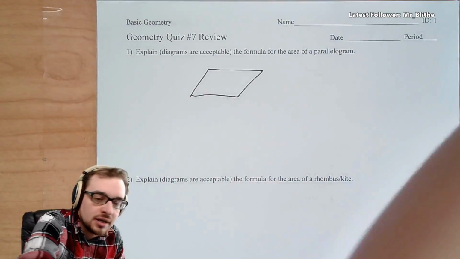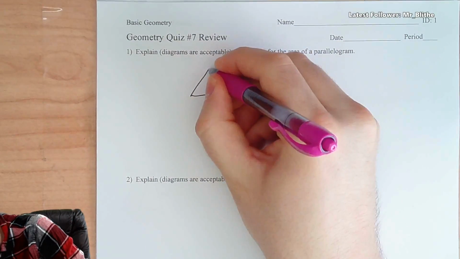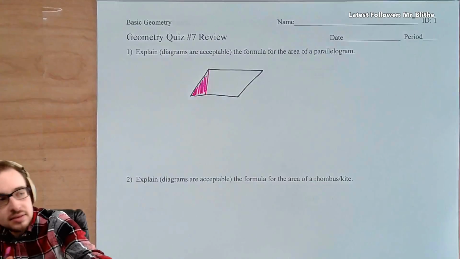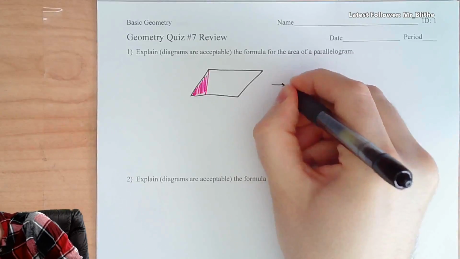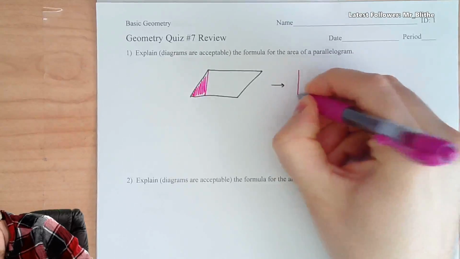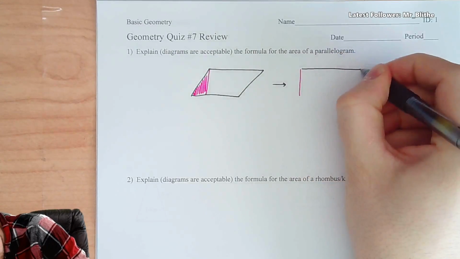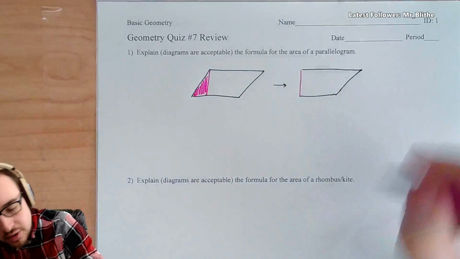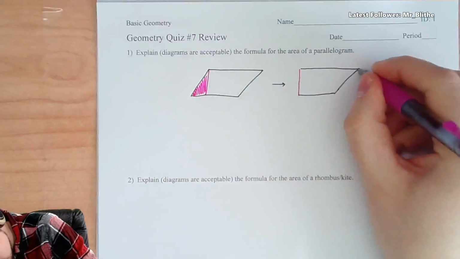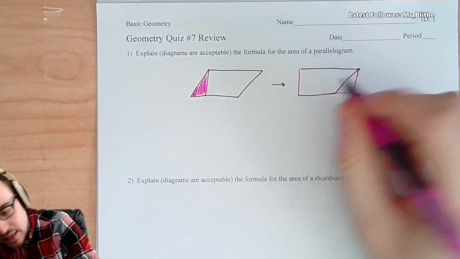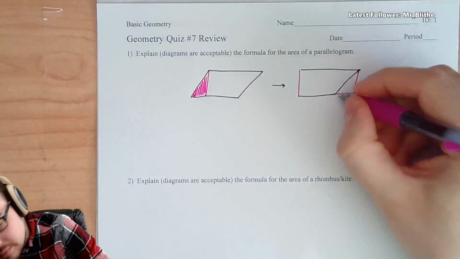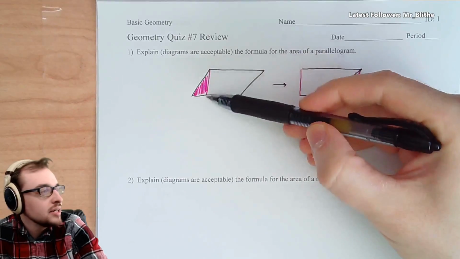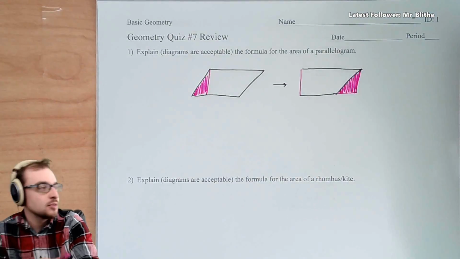What I'm going to show is that if I cut this little triangle off here, I can take that triangle and slide it into this spot here, cutting along this pink line. Cut that out, and I can put it on the side here. And what I've got is a rectangle, right?